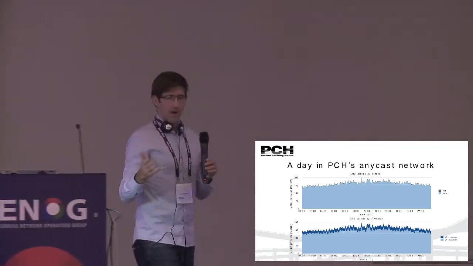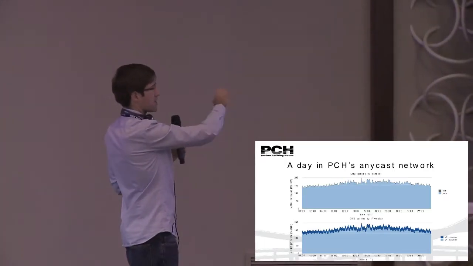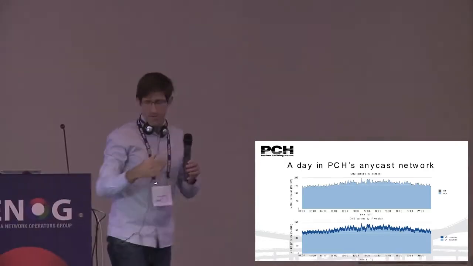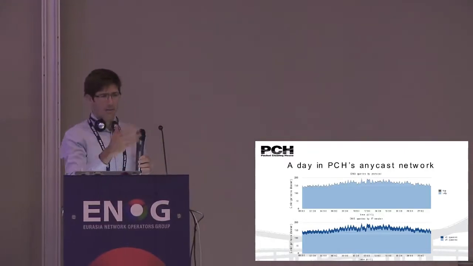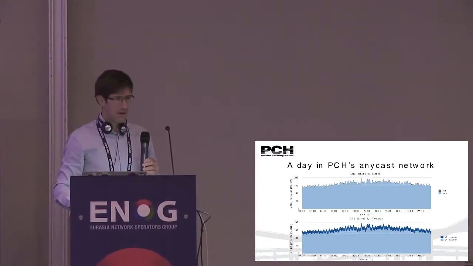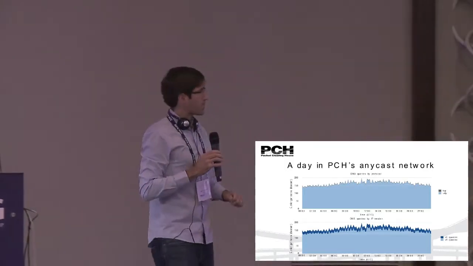There's no history on this, and if you would see a history, you would see how this has been increasing, obviously, since 2000. But this is a snapshot of one day in September, I think the 2nd of September.